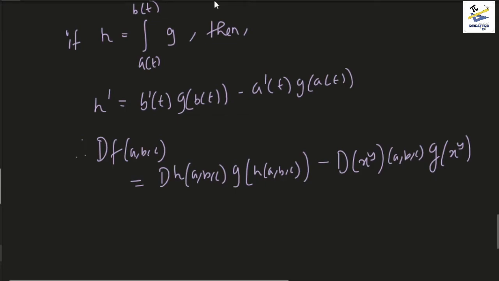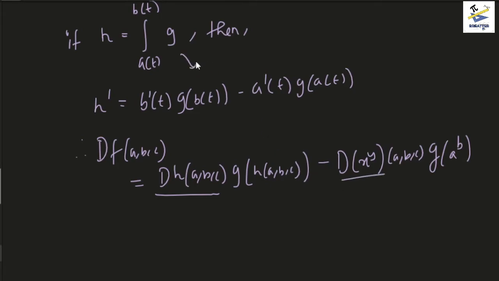Not actually x to the power y, it should rather be a to the power b, because ultimately you are going to put the value in. So what we are required to find is the derivative of these two functions.